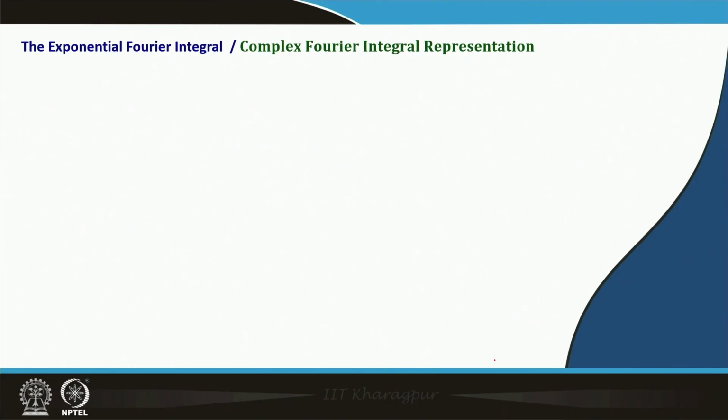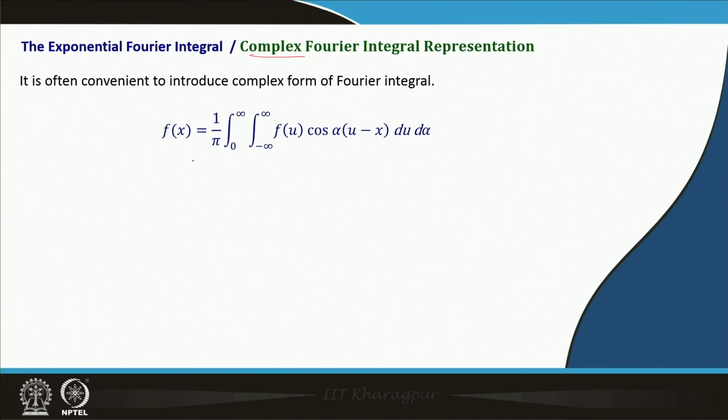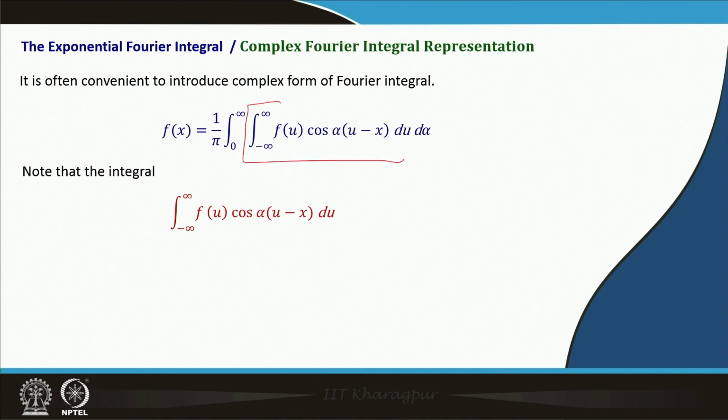Just to begin with this complex Fourier integral representation, we will start with the Fourier integral representation, which was given by this integral, which has f(u) and cos(alpha(u minus x)) du in its representation. What we should notice here is that the inner integral is basically the integrand of the outer integral.